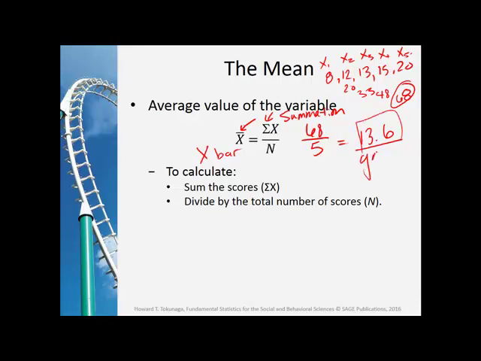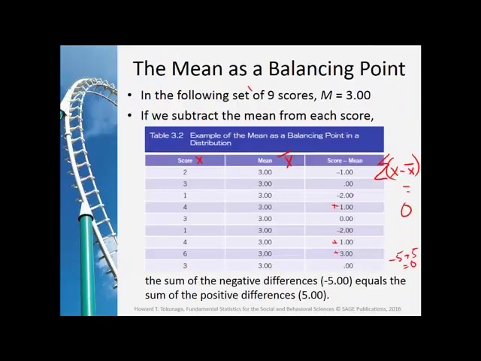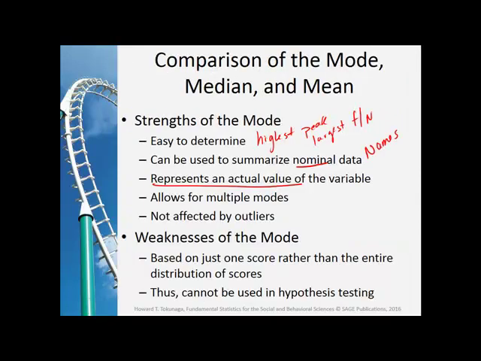Does 13.6 grandkids make sense? Can you have 0.6 of a kid? So the mode, because it relies upon the data that is actually observed, and you're just counting the most frequent, that value is guaranteed to be in your data set.